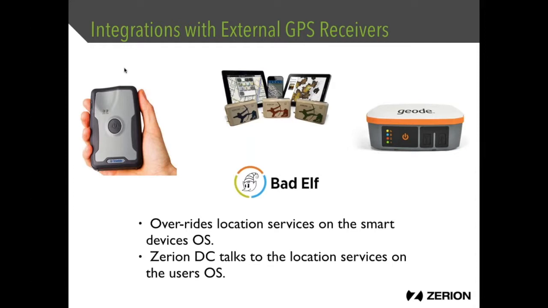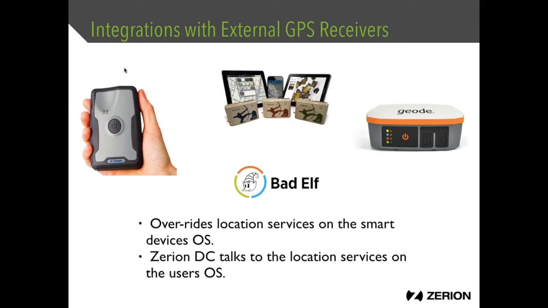So all of the external hardware providers are jumping on, working with smart devices. As you can see in the pictures here, Trimble R1, Bad Elf, the Aero series, Juniper Systems Geode. A lot of our current customers are using these external GPS hardwares to collect data.